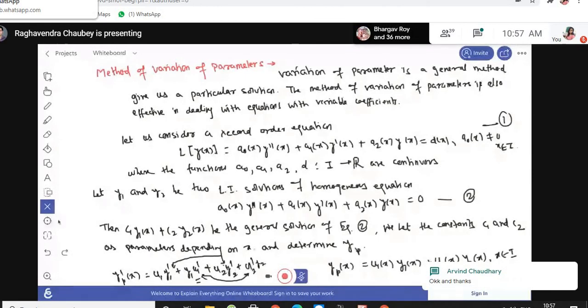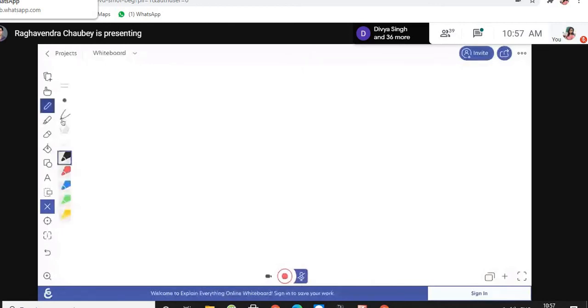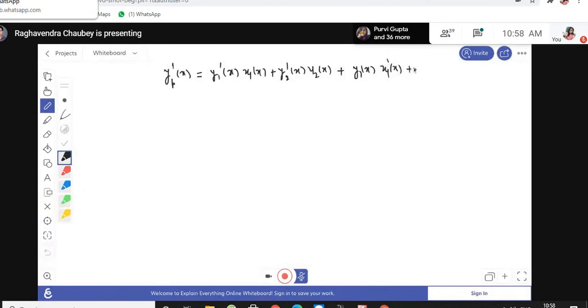In the next page we can rearrange this term. So we can write it like this: yp prime x equals y1 prime x u1 x plus y2 prime x u2 x. If we rearrange, there are two more terms, which are y1 x u1 prime x plus y2 x u2 prime x.